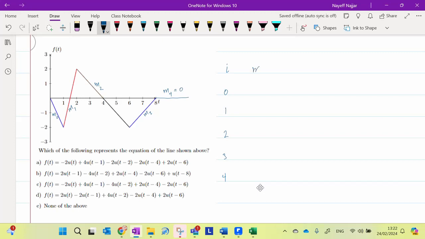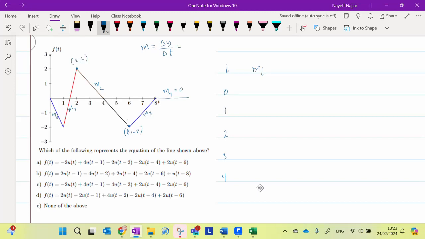Then let me calculate the slope for each of these segments. Slope is simply delta y over delta x. So m in general is equal to delta y over delta x, but I don't have x, I have t in here. So let's say, these two points: here x is 6 and y is -2, and here x is 2 and y is 2.